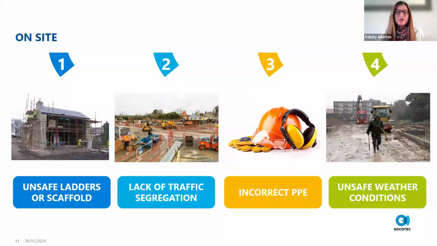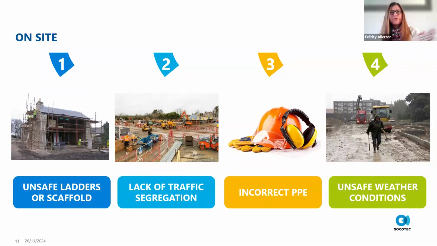Lack of traffic segregation. Lots of busy sites that you all go on to for various roles that you're all performing. If you feel like there is not a safe path for you to take through the site, you need to say.